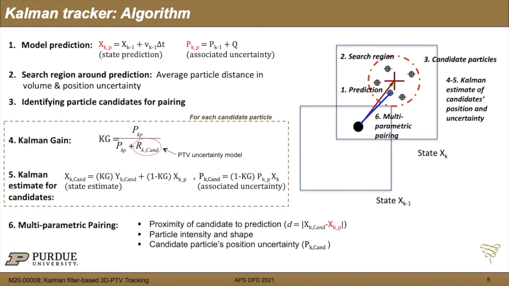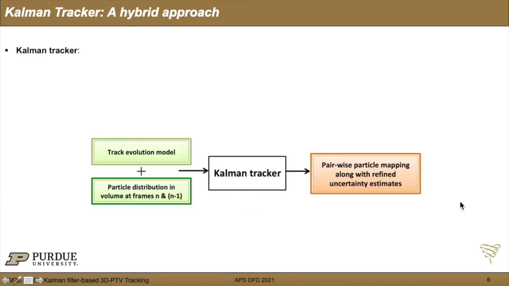Here, we also include the candidate's position uncertainty along with the standard parameters such as proximity distance, particle intensity, and shape in the pairing step. In essence, Kalman's model prediction helps identify candidate particles, and the best match amongst them is identified based on an uncertainty-informed multiparametric pairing step. Note that the proposed methodology performs pairwise tracking on time-resolved datasets.